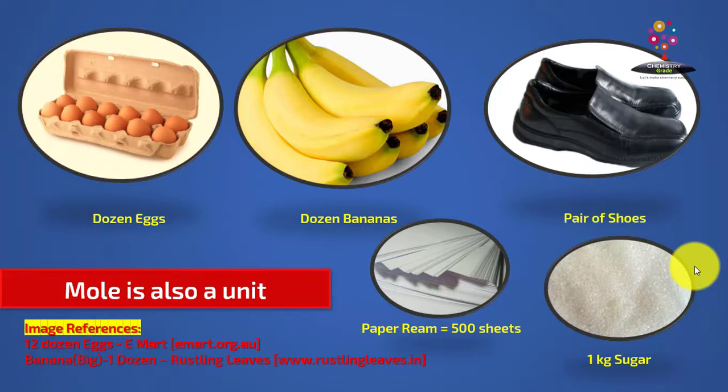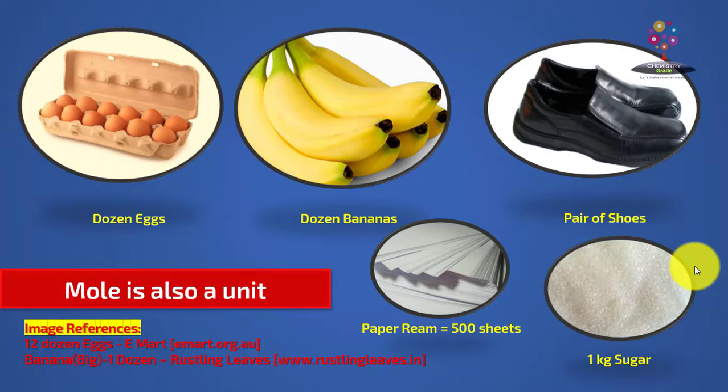And if you ask the shopkeeper for a ream of paper, he will get you a paper ream, which consists of 500 sheets. So it certainly means that you need to describe a particular unit for getting something in a local market.